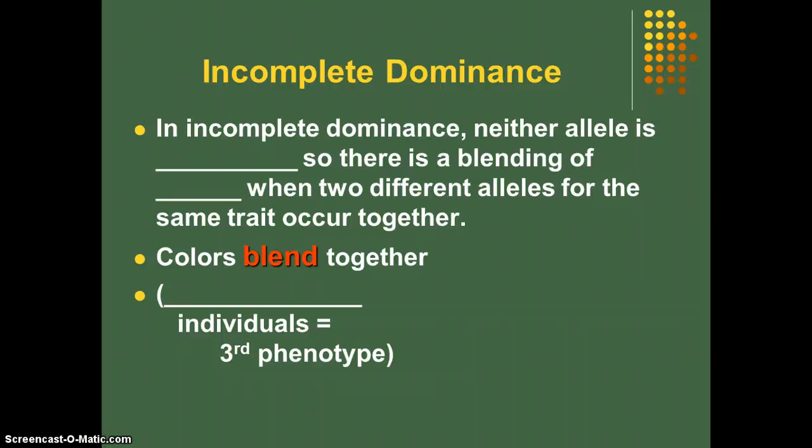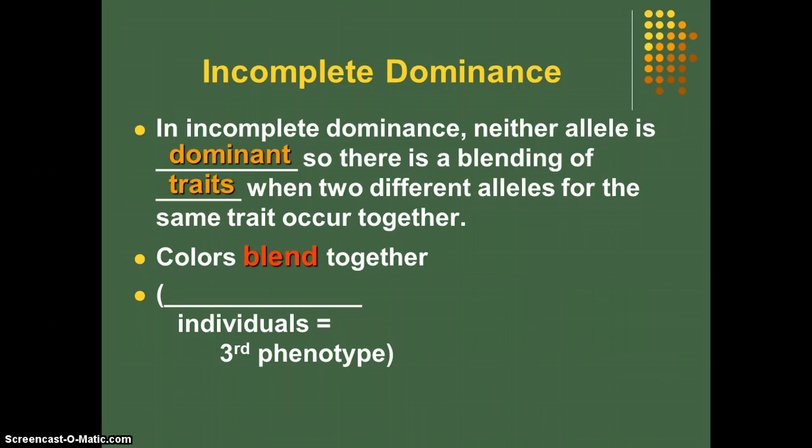Now, we're going to talk first about incomplete dominance. In incomplete dominance, neither allele is going to dominate. So there really ends up being kind of a blending of those traits when the two different alleles for the same trait occur together.